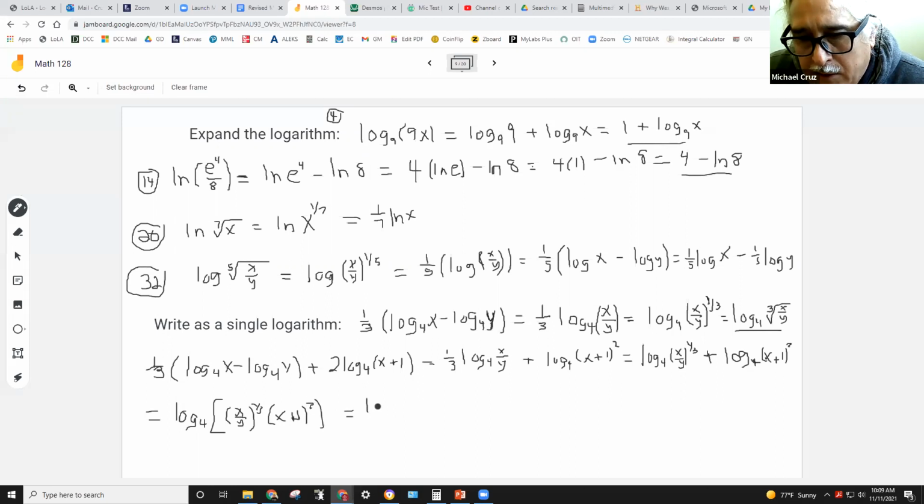I'm going to put the x plus 1 in the front. And then, oh, that's a terrible one. I hate to get rushed here. And then I'm going to put the cube root thing. Remember, I'm changing it back to that, so it's a single logarithm. So there we go.